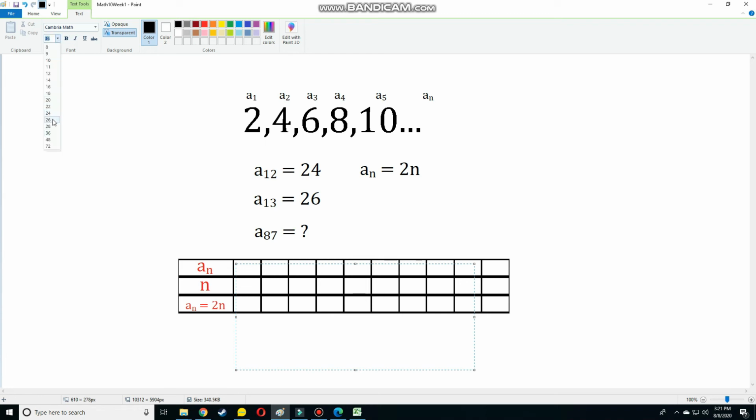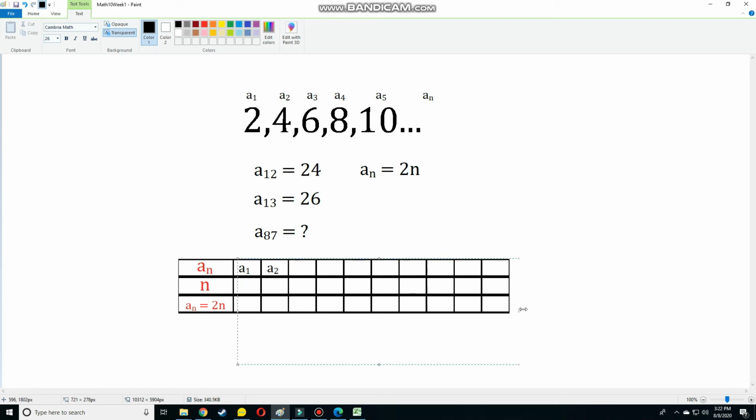For example, let's have the first term, the second term, the third term, the fourth, the fifth, the sixth, the seventh, the eighth, the ninth, and the 10th term.